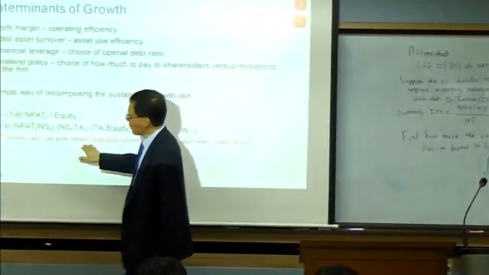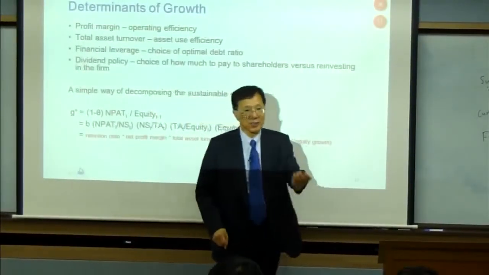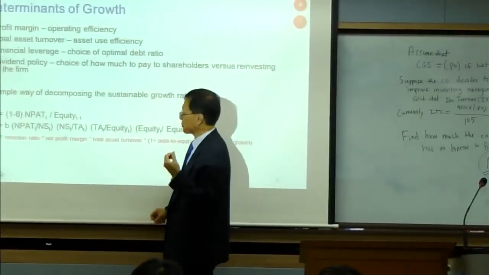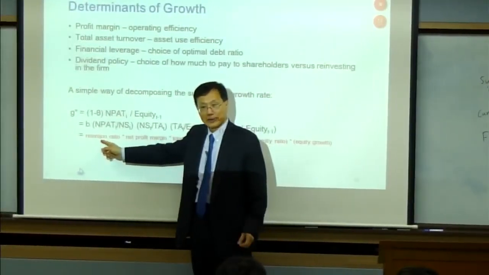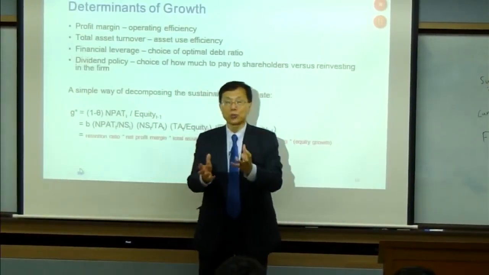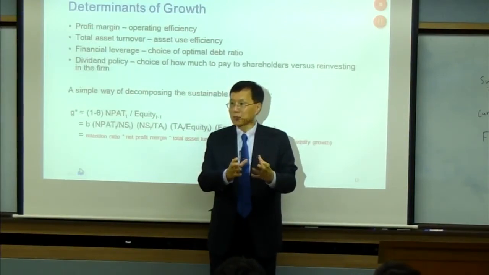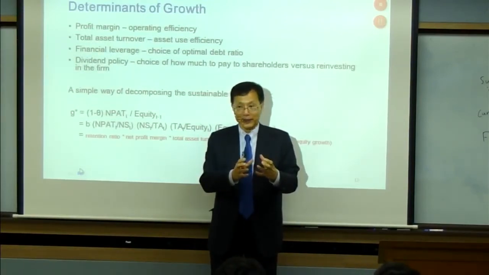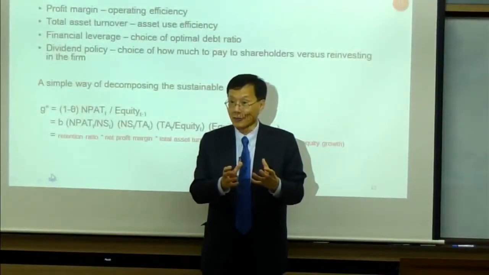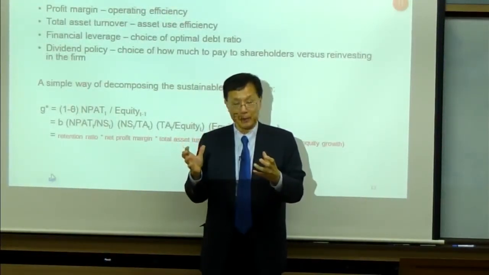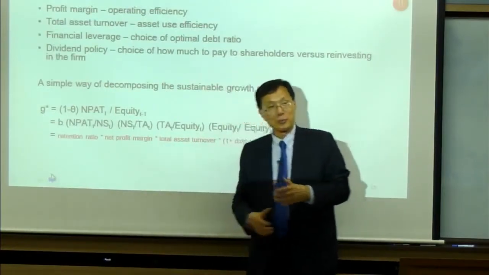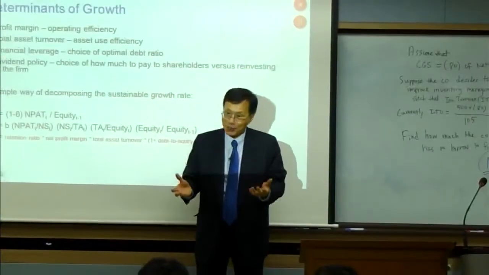So if you look at the components of the sustainable growth rate, you have 5 components. Earnings retention: the more you retain as part of your net profit, the faster you can grow without changing the company's capital structure. The more profitable, the faster you can grow.